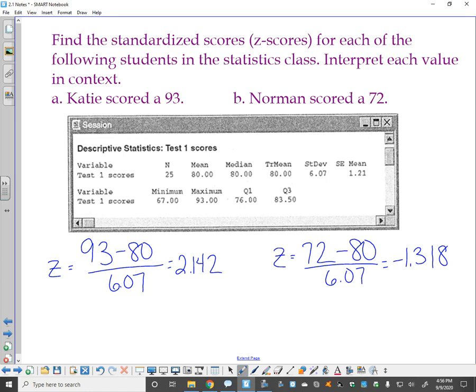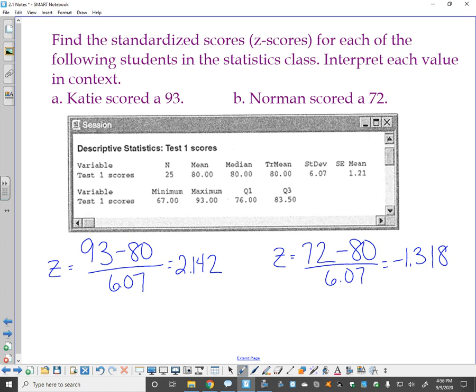Okay, it says interpret each value in context. So you need sentences here. So pause and write. I would say Katie's 93 is 2.142 standard deviations above the mean score. Norman's score of a 72 is 1.318 standard deviations below the mean for this test.